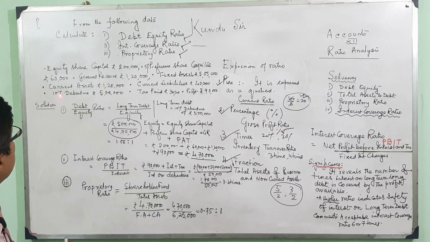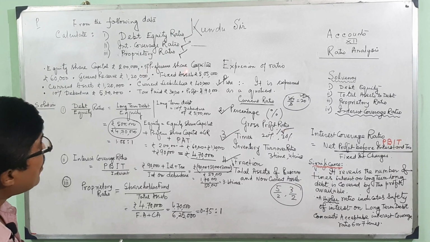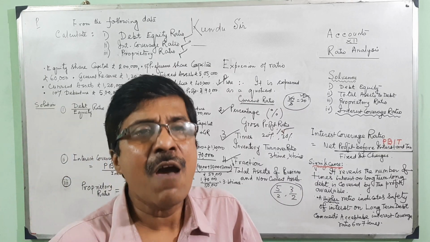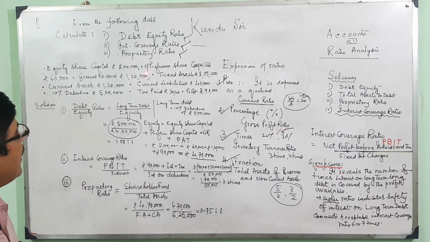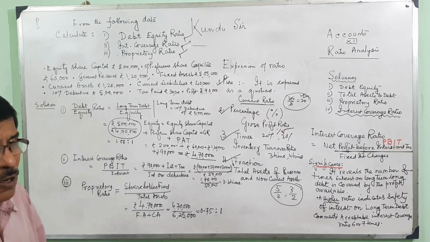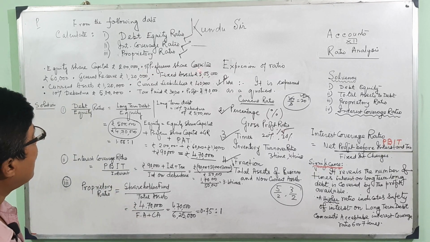Now it is 5% preference share. In case of companies earning profit, the preference shareholder will first get a dividend at a fixed rate, 5% on preference share capital.